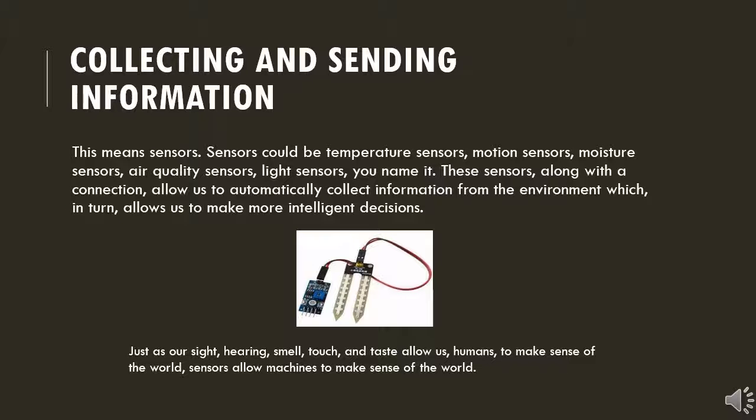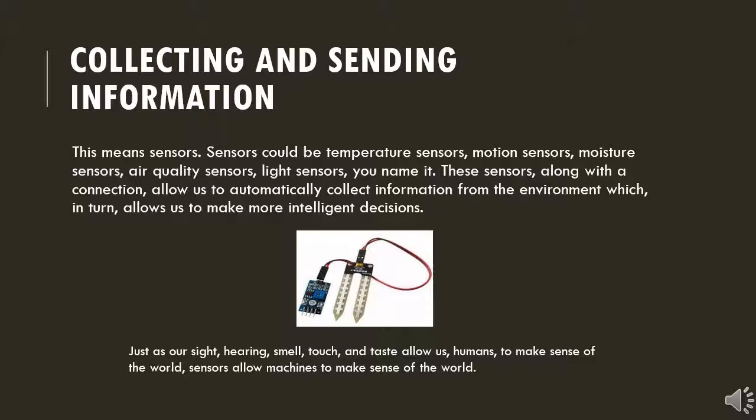Let's talk about collecting and sending information. This means sensors. Sensors could be temperature sensors, motion sensors, moisture sensors, air quality sensors, light sensors, you name it. These sensors, along with the connection, allow us to automatically collect information from the environment, which in turn allows us to make more intelligent decisions.